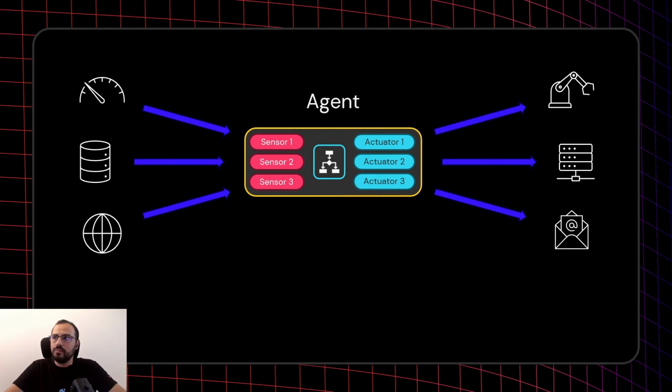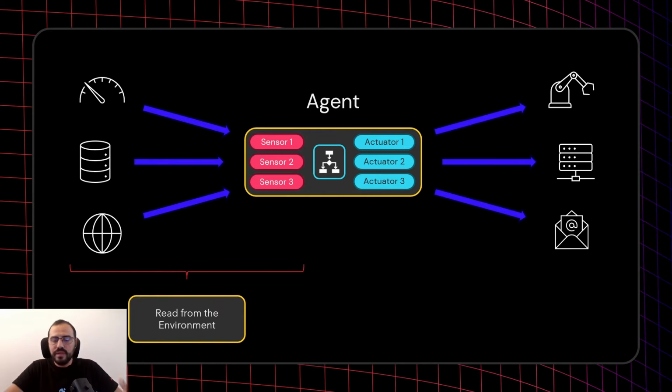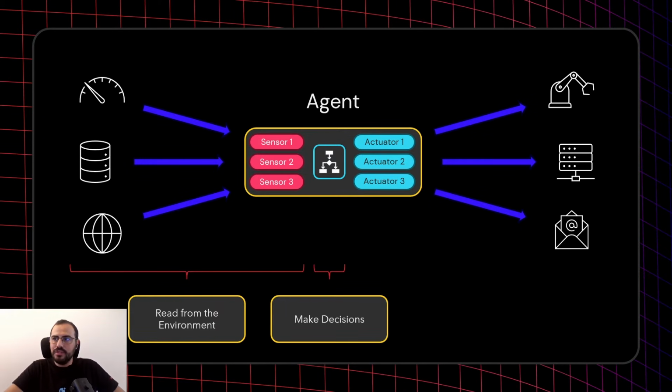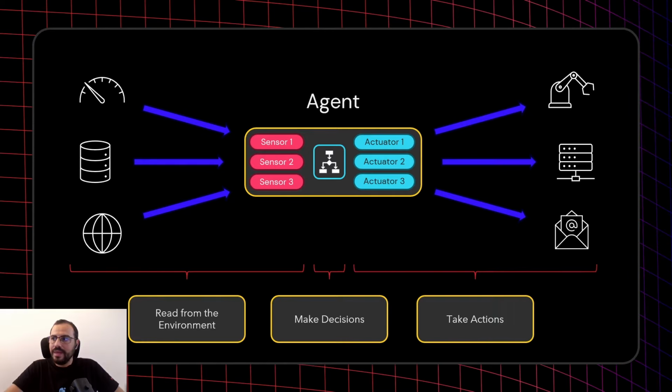So since that moment there was this concept of an agent. And an agent is an entity that has the capability of reading from the environment, of making decisions based on that, and then taking actions.